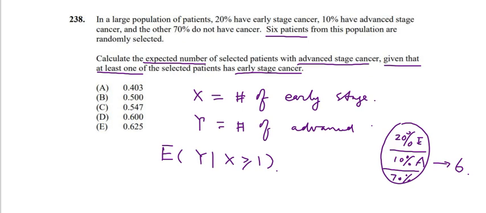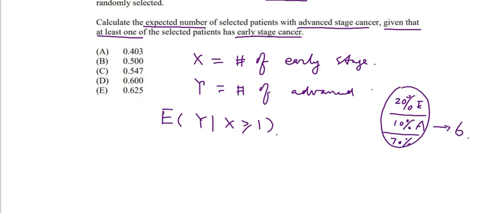So the conditional distribution for y looks complicated. We need to find a better way to solve this problem. Okay, so forget this condition.